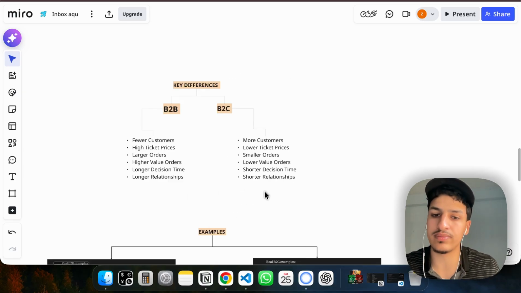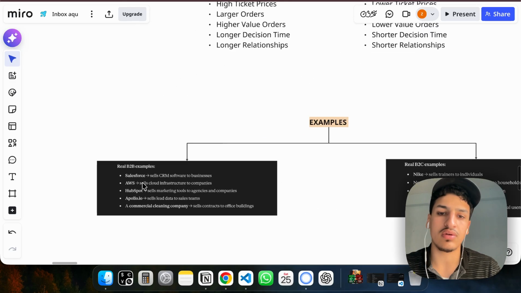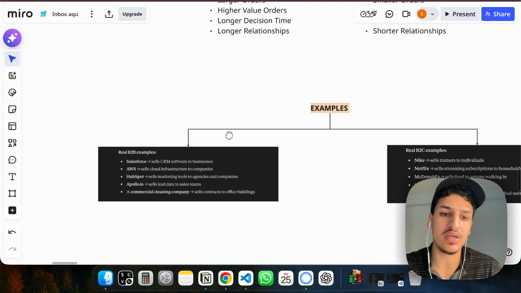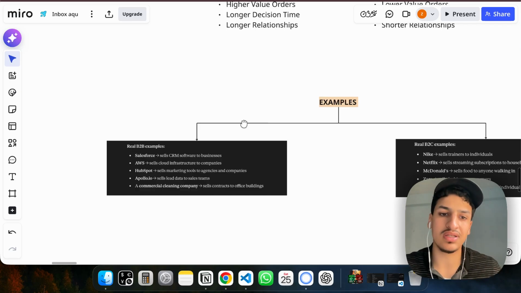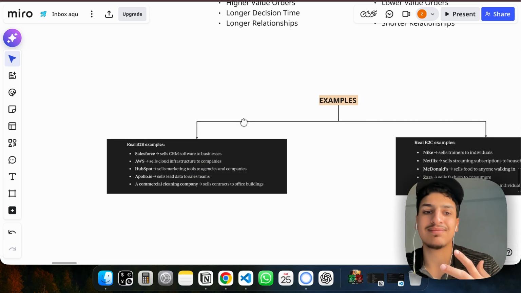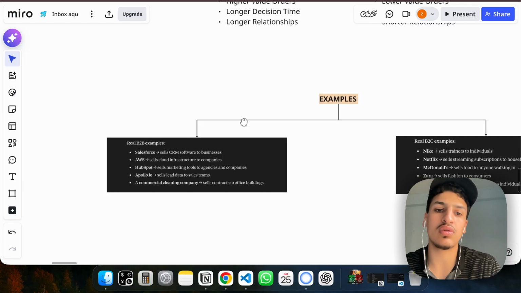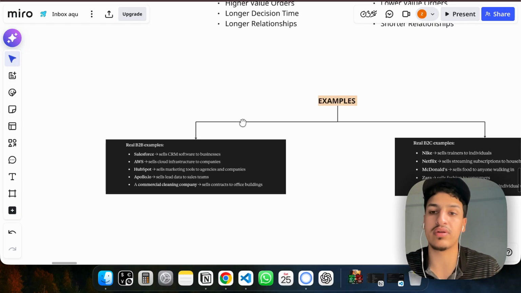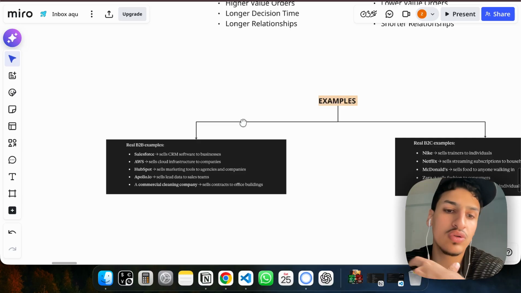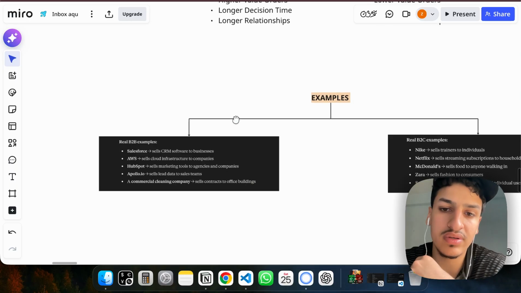shorter relationships. Let's give an example for B2B, which is, let's say, Salesforce, which is, by the way, a CRM company. If Salesforce sold their CRM software to other businesses, it's considered B2B. And if HubSpot sold their marketing tools to agencies and companies, it's considered B2B as well.